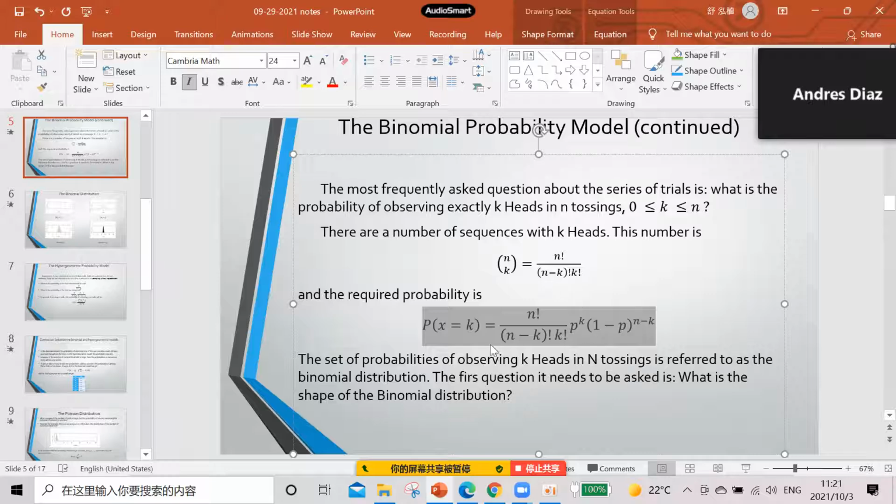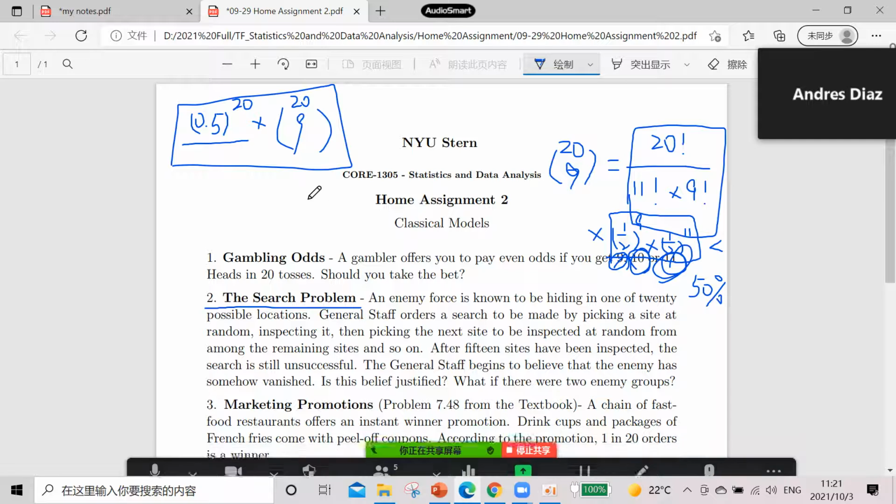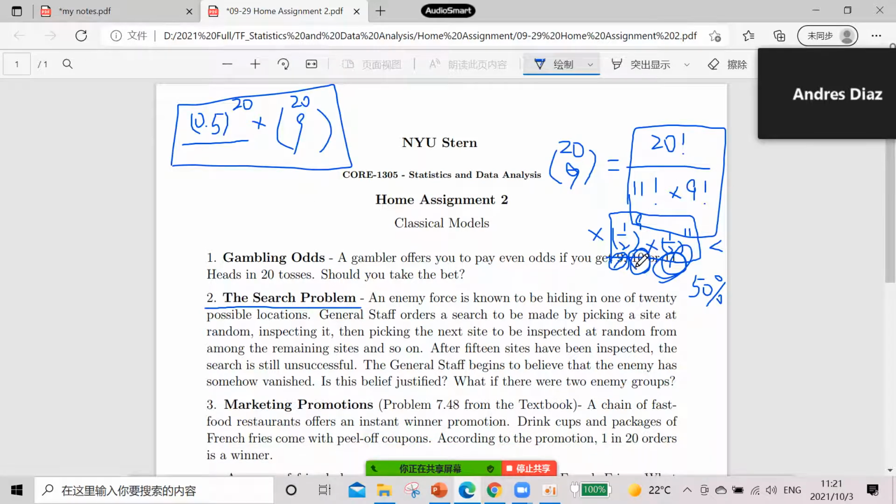And the first part is how I calculate 20 choose 9. It's exactly the same as here, n choose k. I just plug 20 choose 9 into this formula, and I find the probability of finding 9 heads out of 20 tosses. And then I still need to calculate the probability of 10 heads out of 20 tosses, 11 heads out of 20 tosses, and I sum them up and compare with 50%.